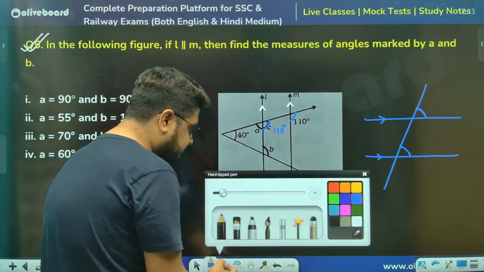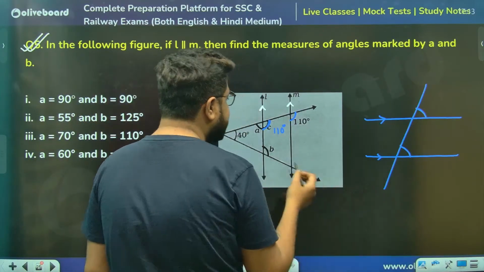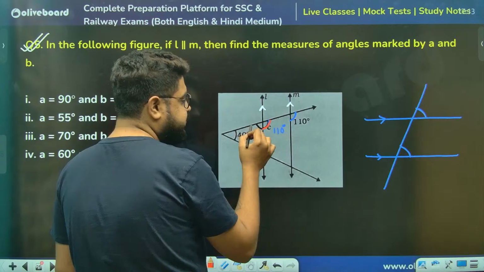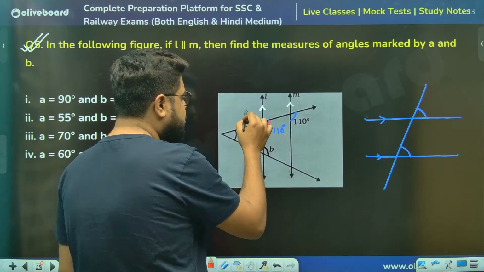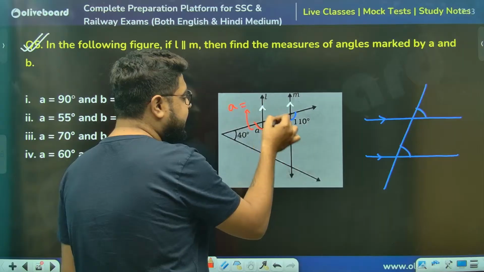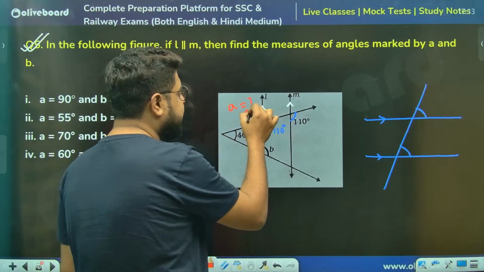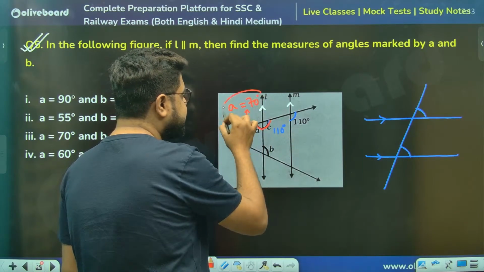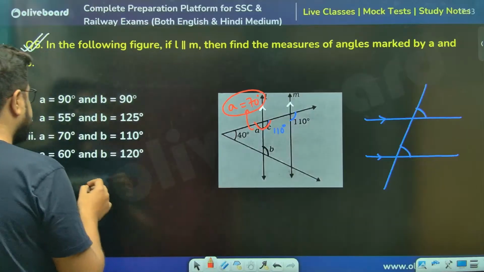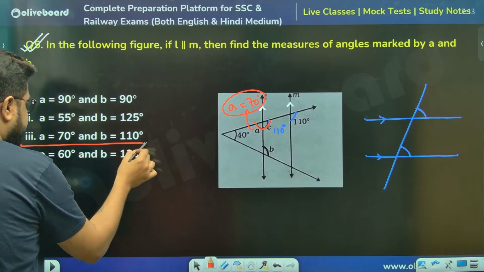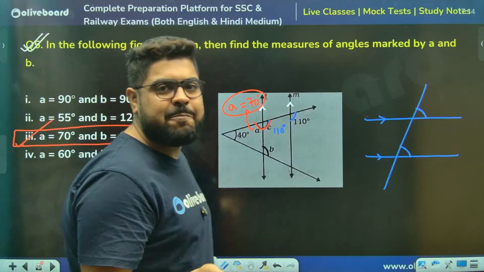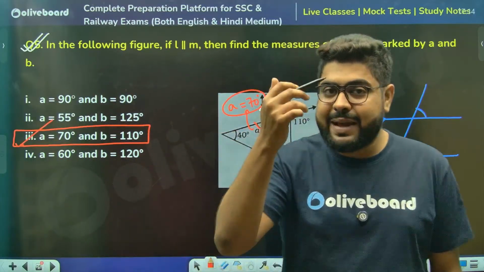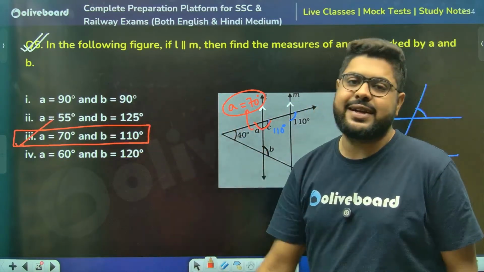And this total angle is 180, so A has to be 180 degrees minus 110 degrees, that is 70 degrees. So the answer has to be this, because there is only one option that matches: A is equal to 70.